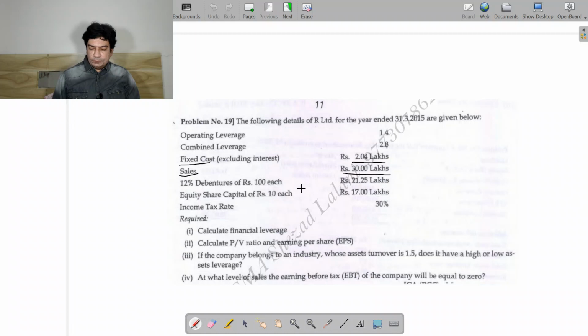Then there are debentures worth rupees 21 lakh 25,000, and on this we can calculate the interest. So interest on debentures I will calculate. 21 lakh 25,000 is the value of debentures, and on this 12% is the rate of interest.